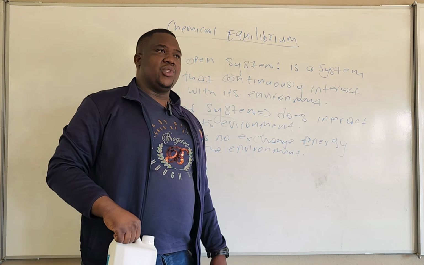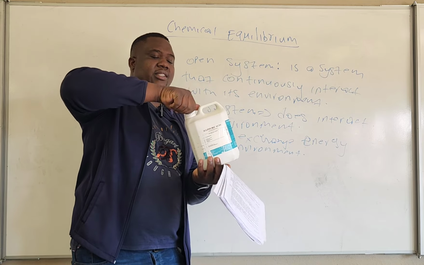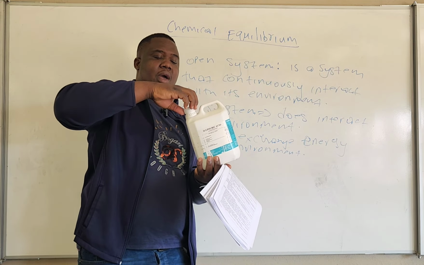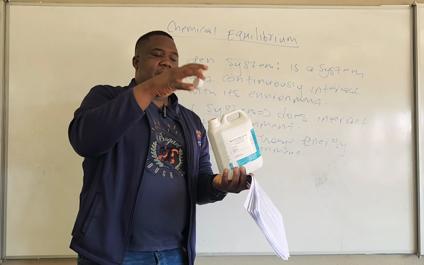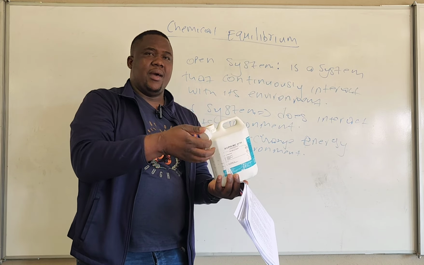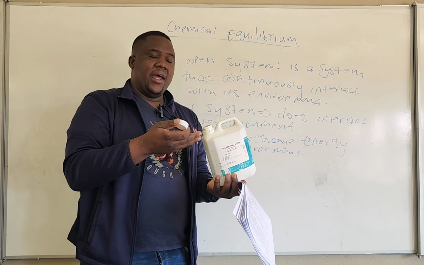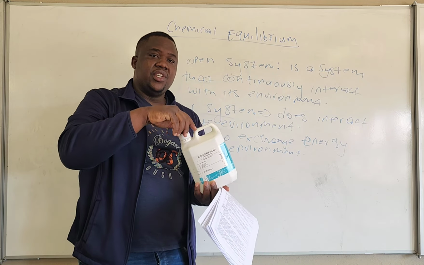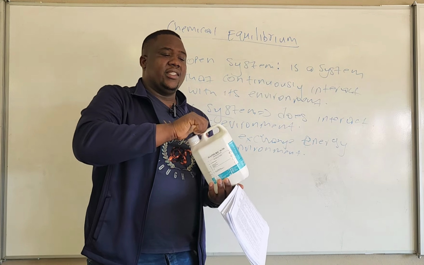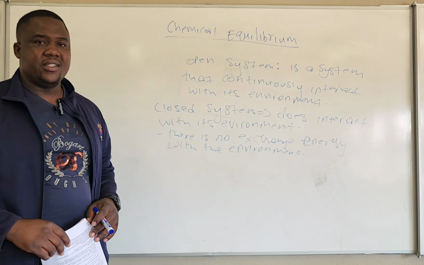That is the difference between a closed system and an open system. When we talk about an open system, it's a system whereby things from the environment can get into the system and leave the system. Such a system is open. It cannot reach equilibrium. So the only system that is able to reach equilibrium is a closed system.